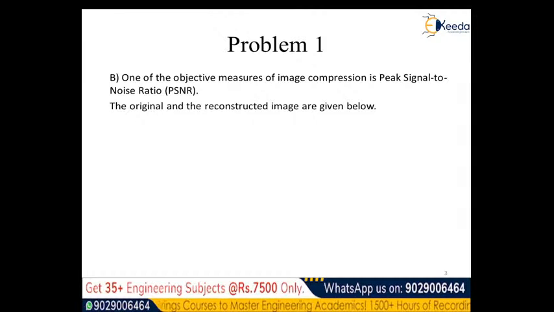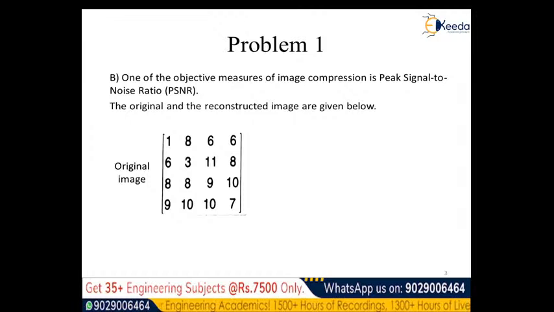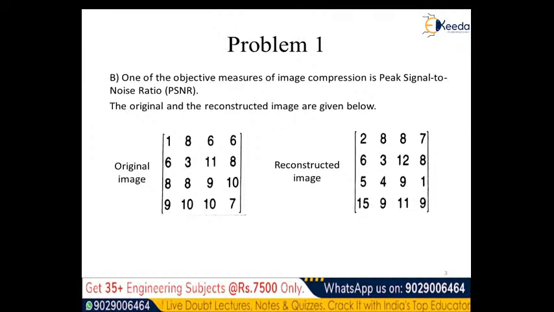First we have been provided the original image, with 4 rows and 4 columns, represented in matrix form. Similarly, we have the reconstructed image, also of the same order, 4 rows and 4 columns, and we are asked to calculate the PSNR expressed in decibels. So this is part A and part B.